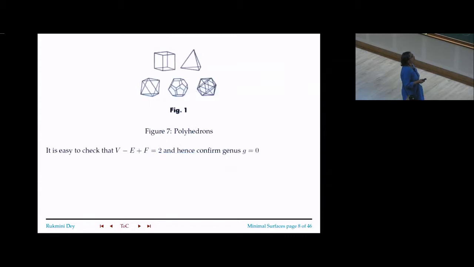And you can imagine all the polyhedrons, all the Platonic solids, to be representations of the sphere. And one exercise would be you can do V minus E plus F for all of them. This pentagon is also a face. This is a pentagonal division.